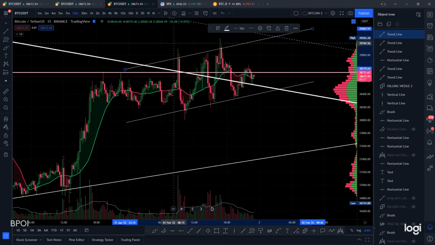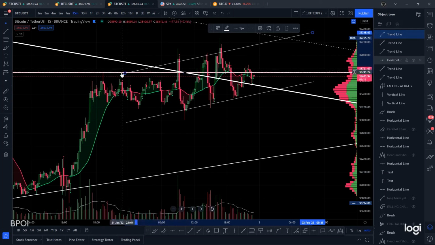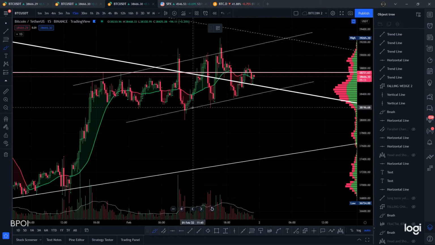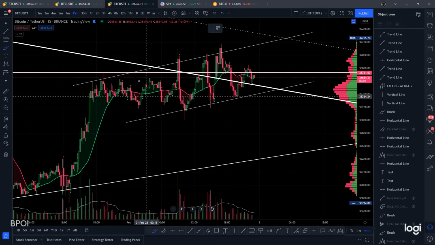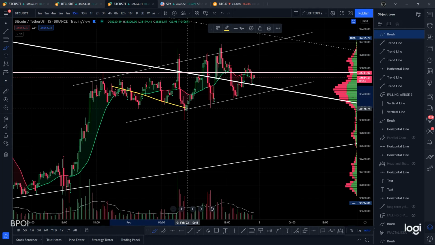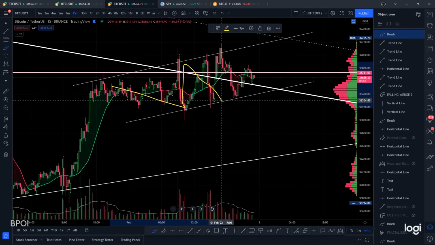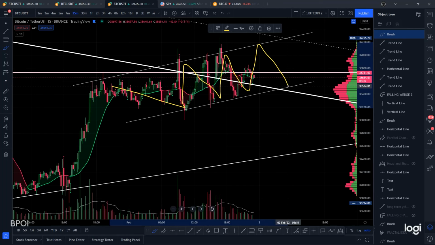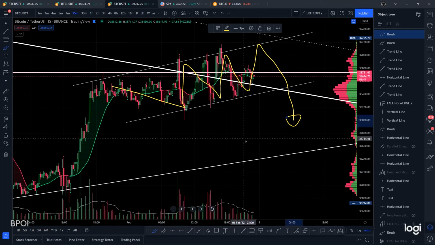So we're potentially trading, this is the 15-minute time frame, but we're potentially trading in this ascending channel. So we're moving this way at the moment. 68% chance that this breaks down this way.